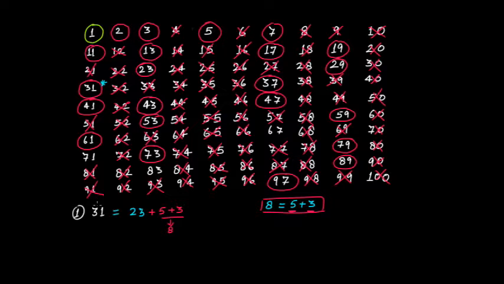So the three odd prime numbers are 23, 5 and 3.